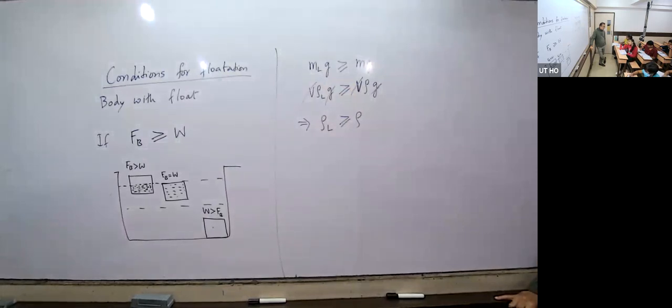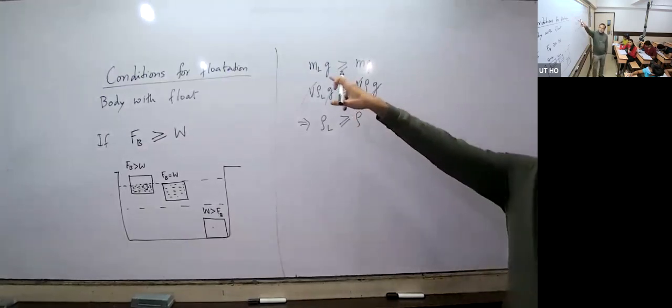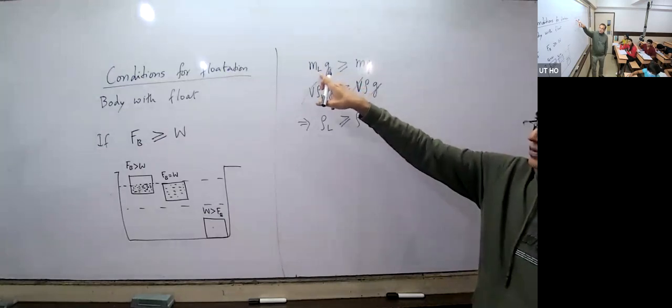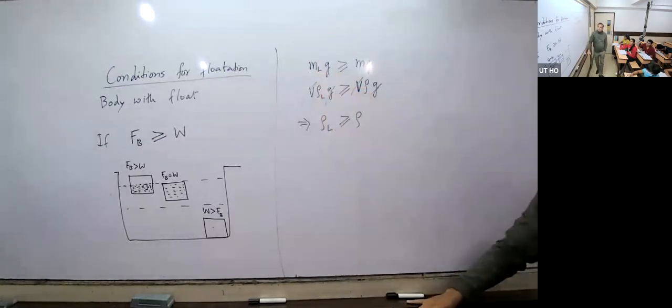You don't agree? Do you agree or no? What do you agree? That volume of liquid is... Yeah, others say no. Try. Even if it is wrong, it's okay. You should try, but you should try with understanding. What is this force?